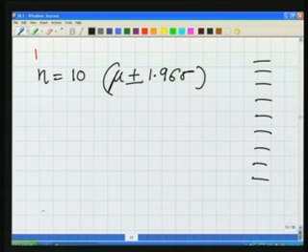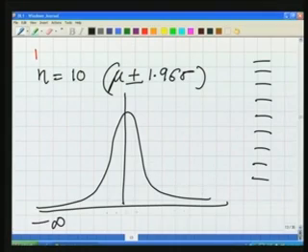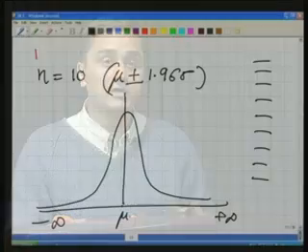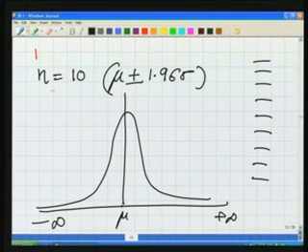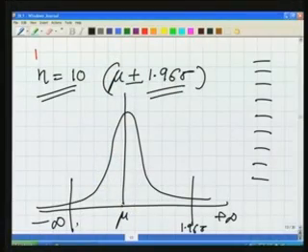So, in a normal curve, that is our mean corresponding to 10 observations. The rejection criteria is this. So, that means remove the observations which are beyond 1.96 sigma.